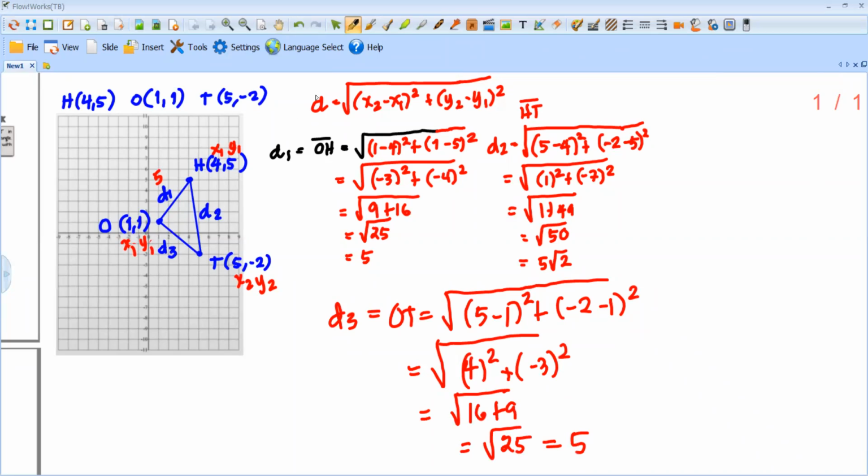So what have you noticed about the two distances, distance 1 and distance 3? Look at those distances. We have both equal to 5 units.